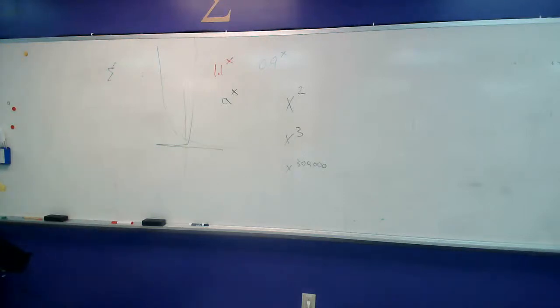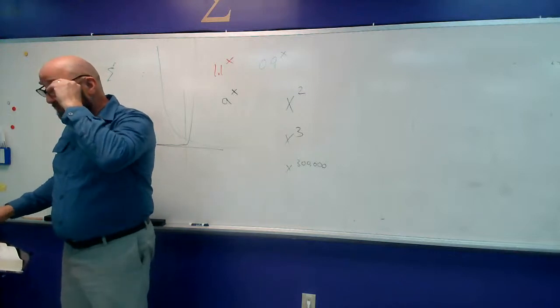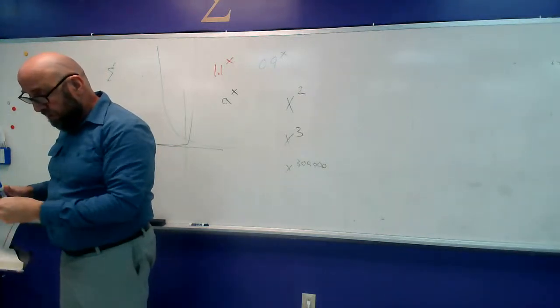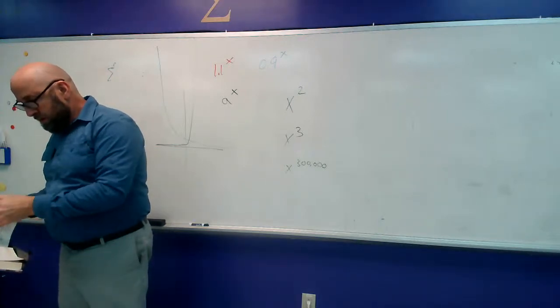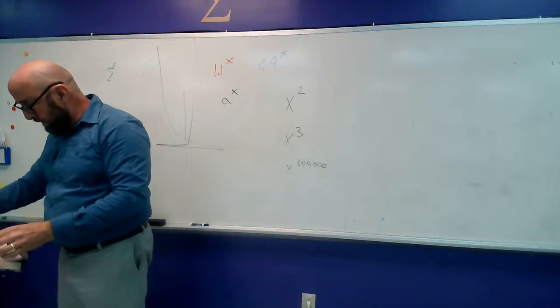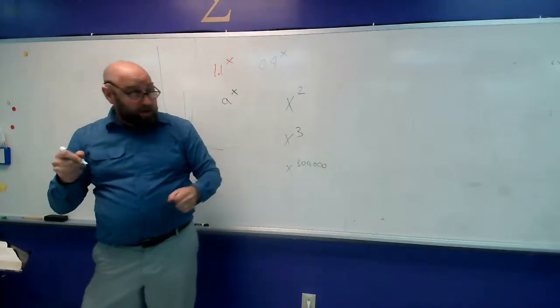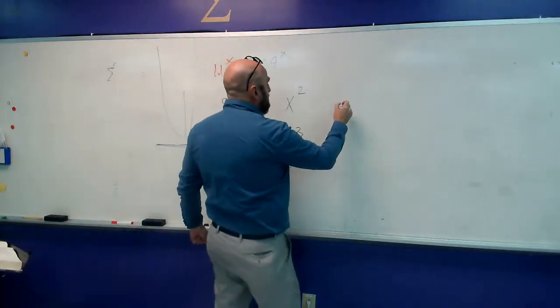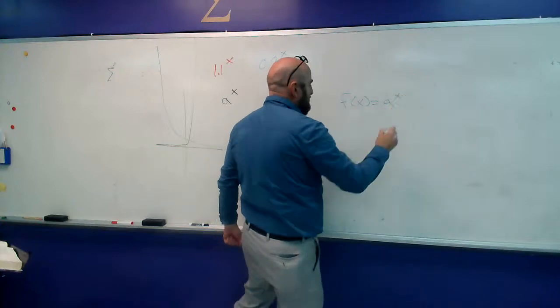But we will deal with this beyond conceptually. We'll have to do the math. We'll have to do some work with it. So, this is the right page here, sorry. An exponential function is of the form f of x equals a to the x.